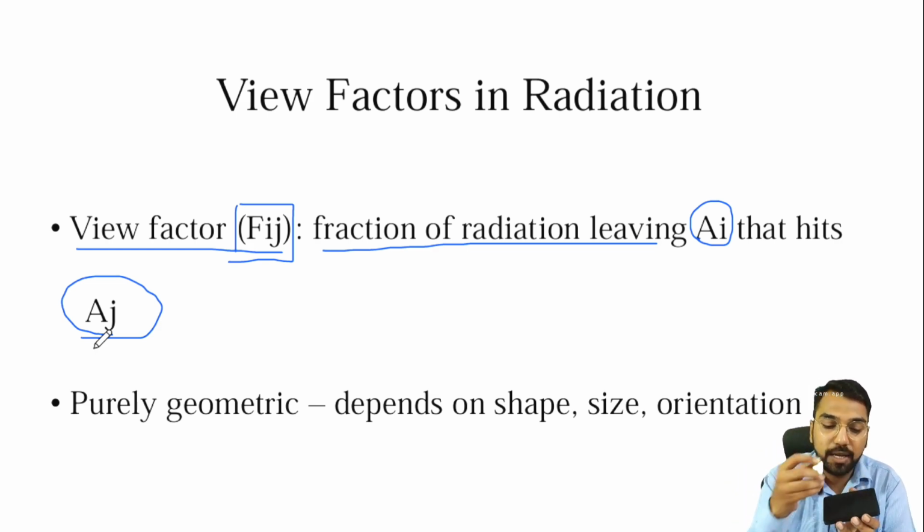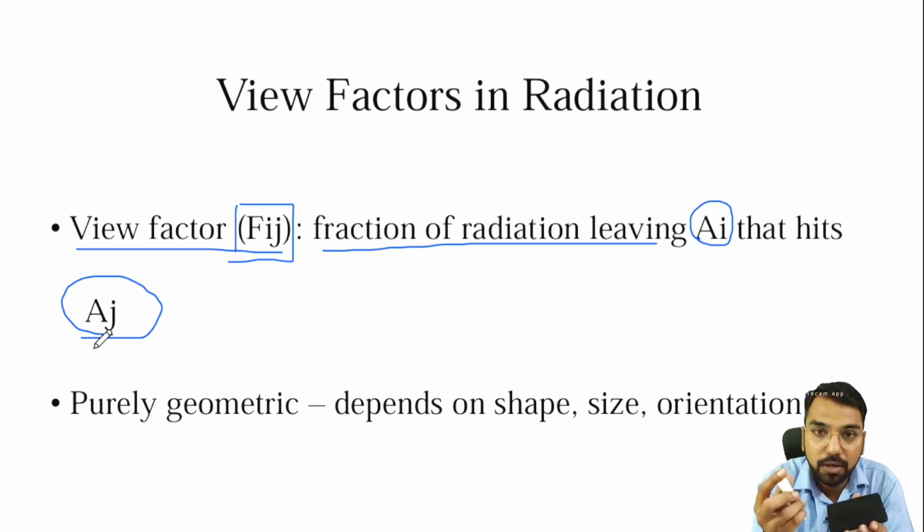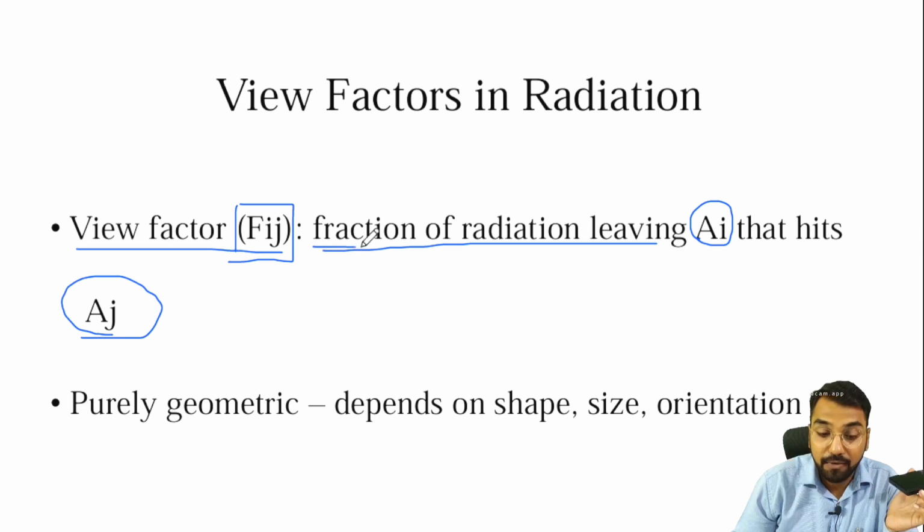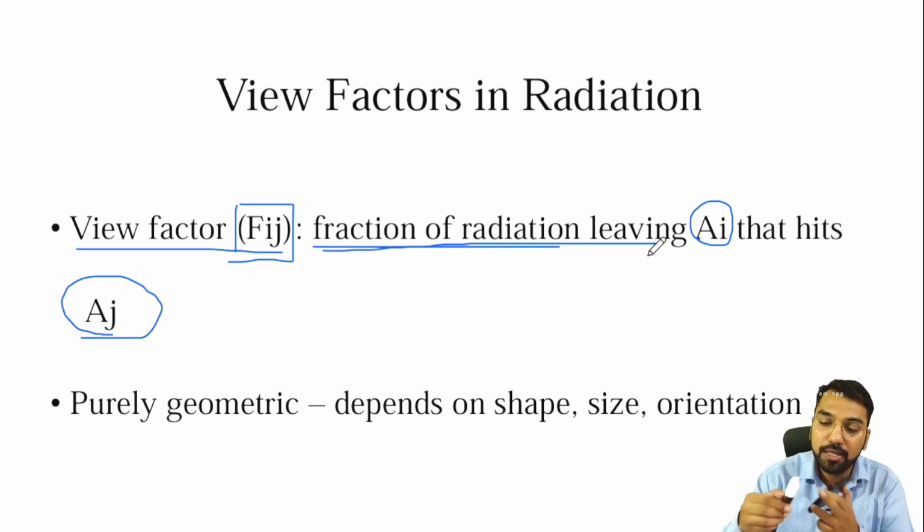This surface area will emit some portion of heat energy to the other surface area, and that fraction of radiation, that part of the heat energy due to radiation leaving Ai and reaching only surface Aj, is called the view factor.